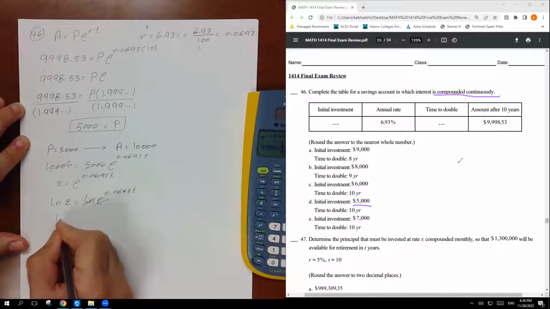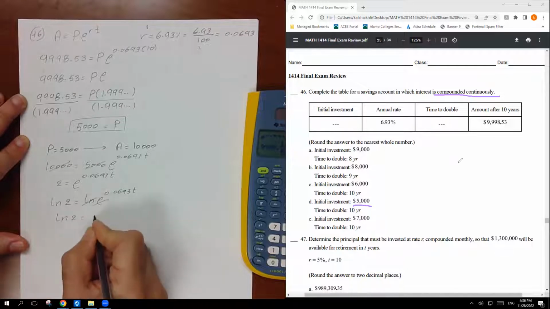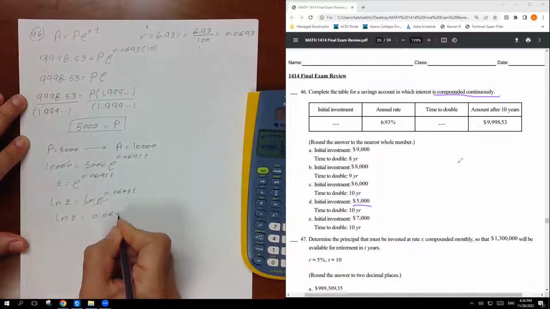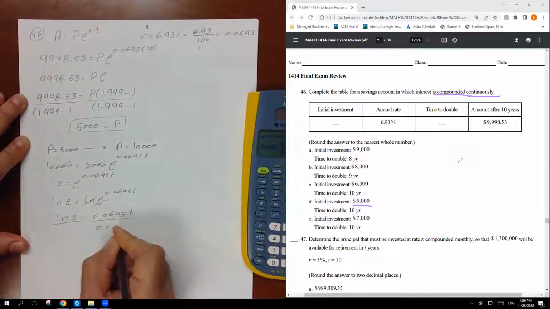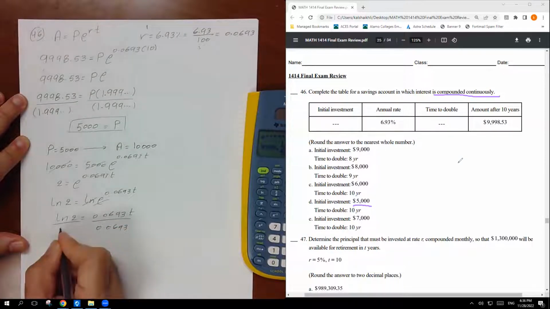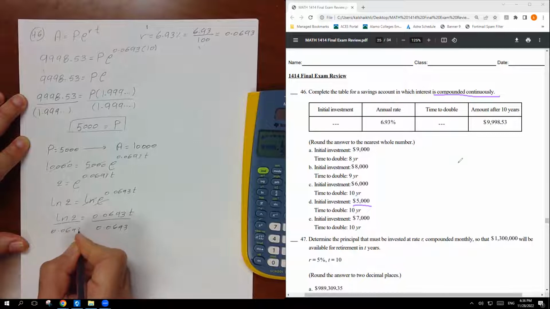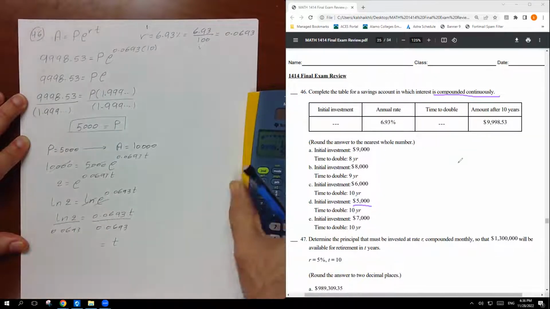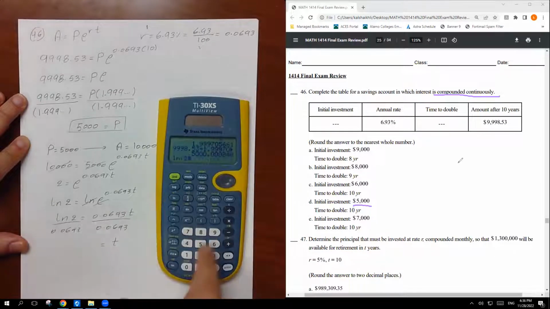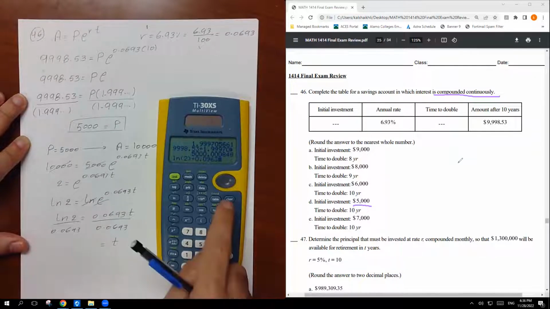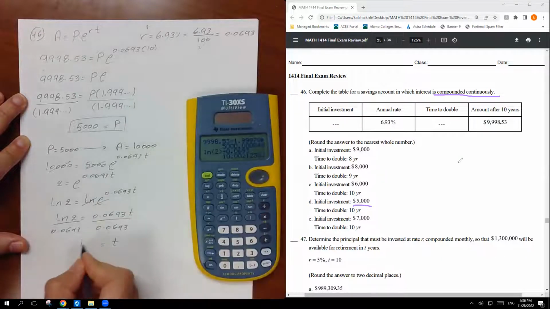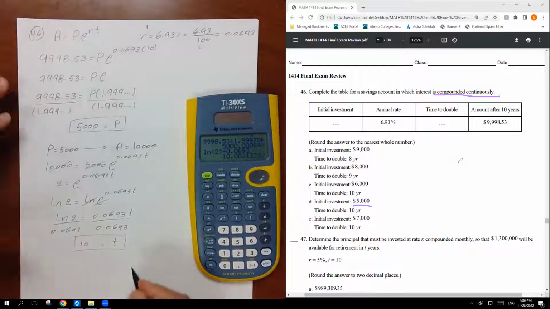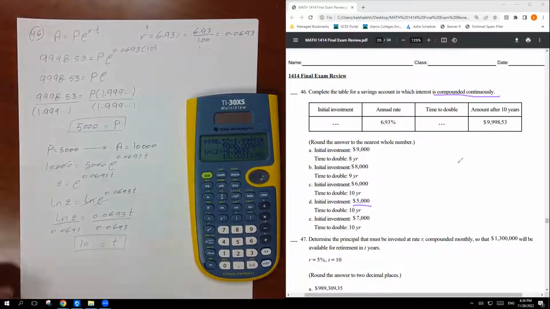Cancel these, so ln 2 equals 0.0693 T. Last step, divide both sides by 0.0693. That means T equals ln 2 divided by 0.0693. That's going to be about 10, because we're going to round to the nearest whole number, so 10 years. So that's it for example 46.